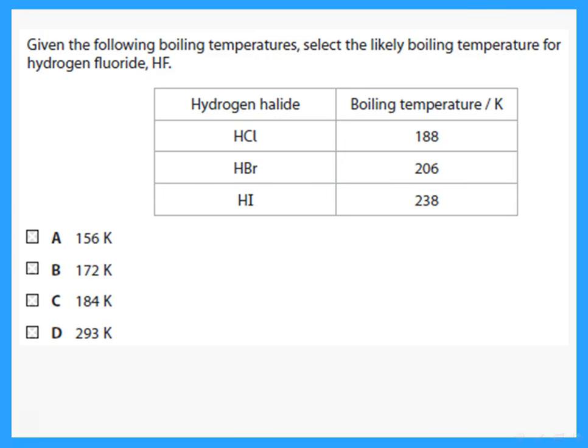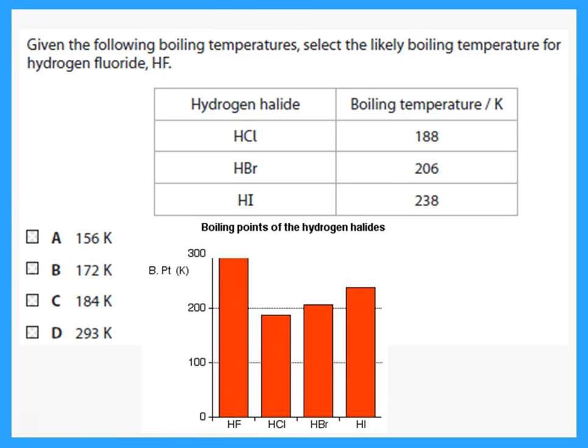Given the following boiling temperatures, select the likely boiling temperature for HF. Remember we said, what was the relationship of the boiling point? We said the HF is the only one that is regarded as having hydrogen bonding, so it has a much higher boiling point than the others, and then the others increase in boiling temperatures because more electrons, so stronger van der Waals forces.